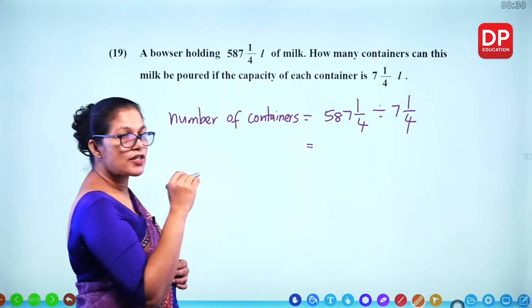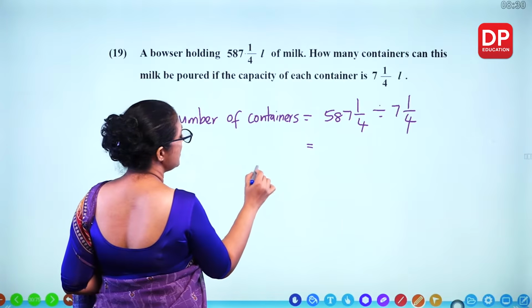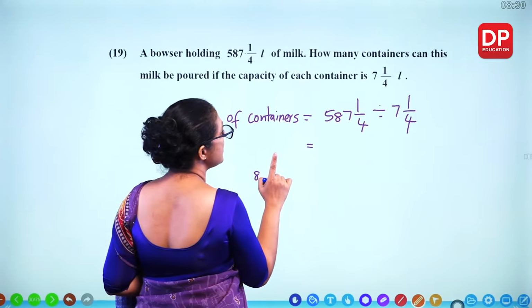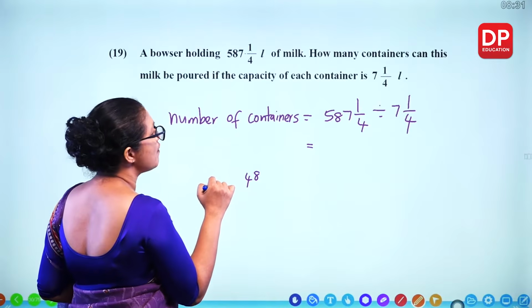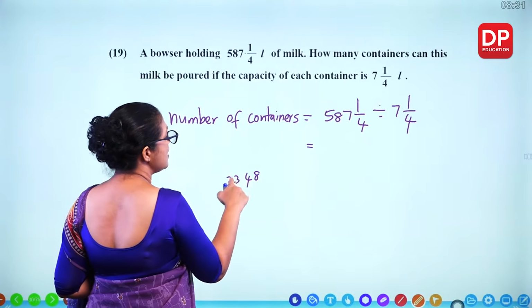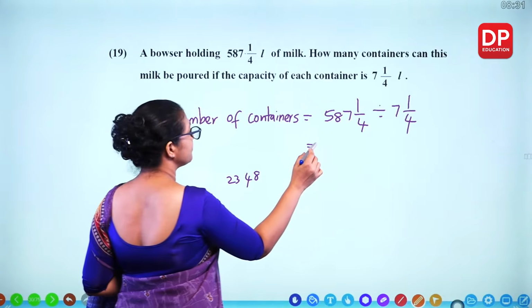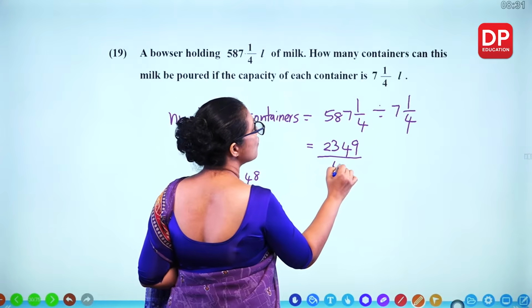Convert to improper fractions. 4 times 7, 28, 2 remaining. 4 times 8, 32 plus 2, 34. 3 remaining. 5 times 4, 20 plus 3, 23 and add 1. 2349. Divide by 4.